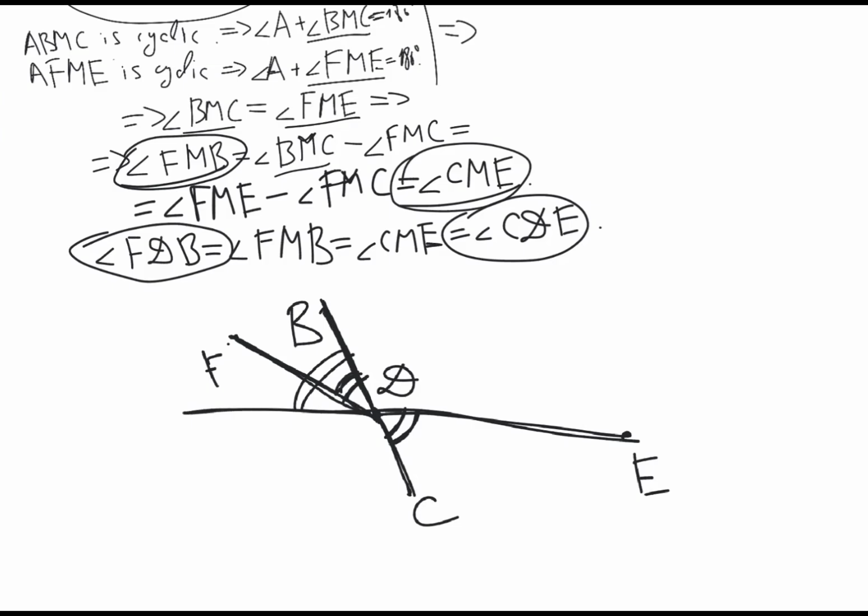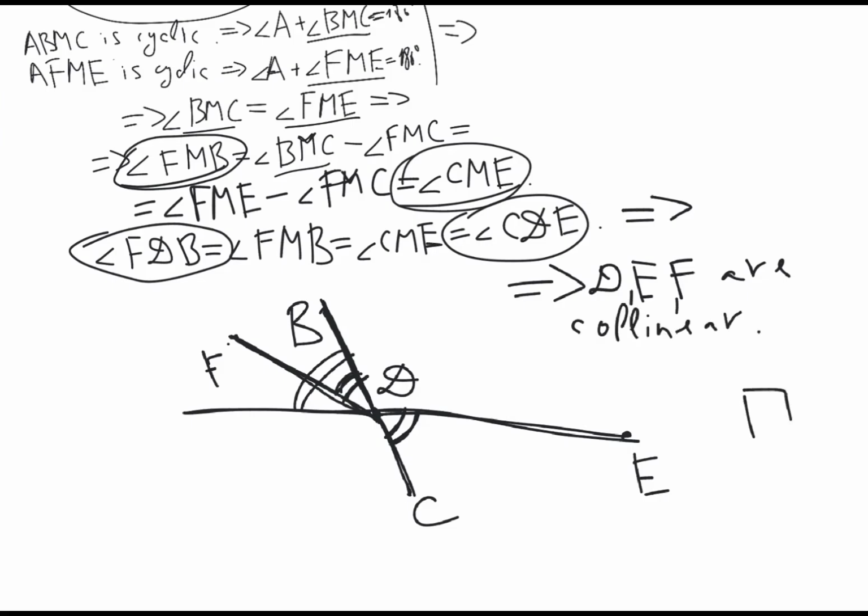This can only be if this is the same line. So this immediately implies that D, E, F are collinear, and this concludes the proof.